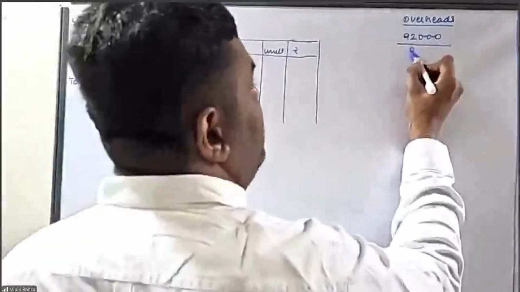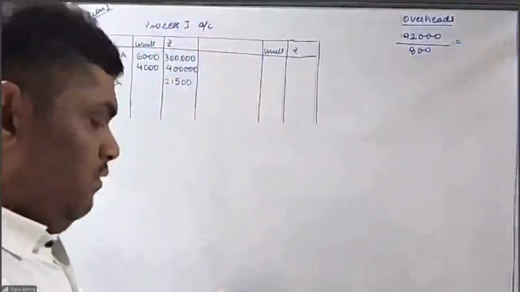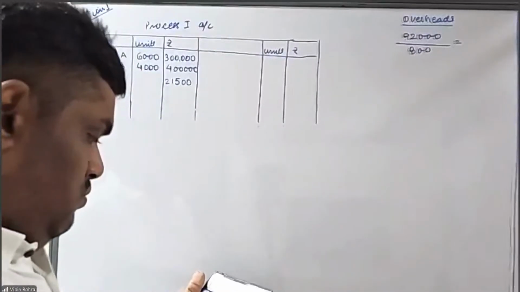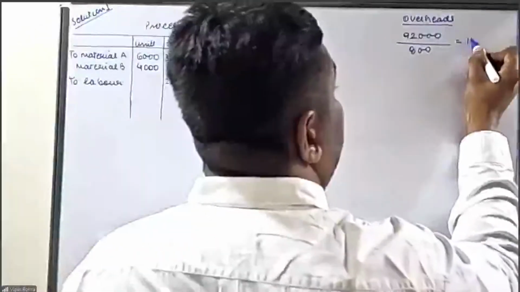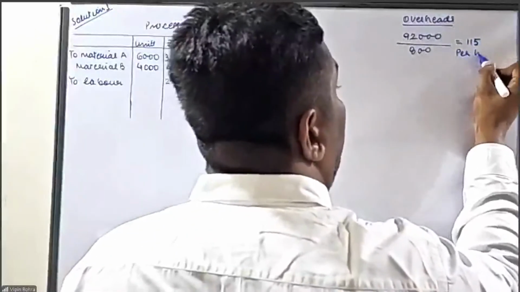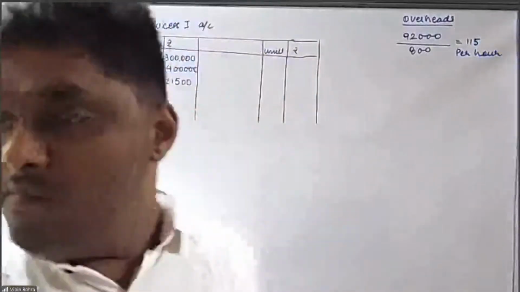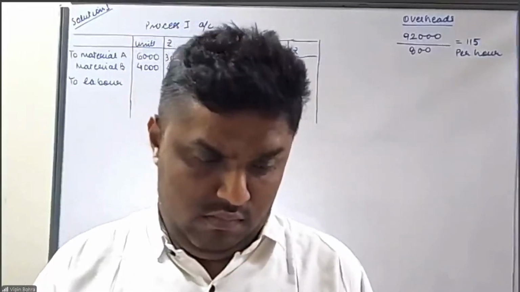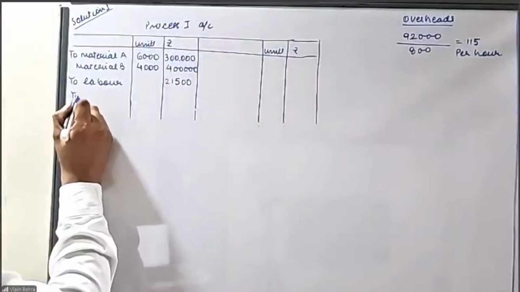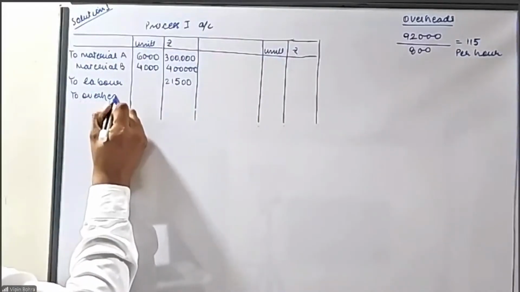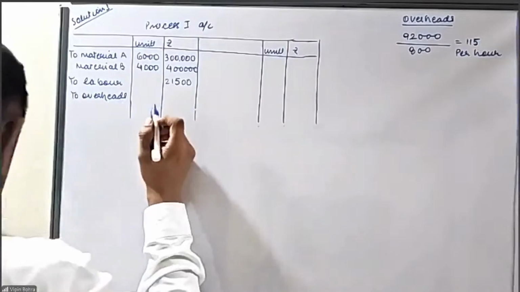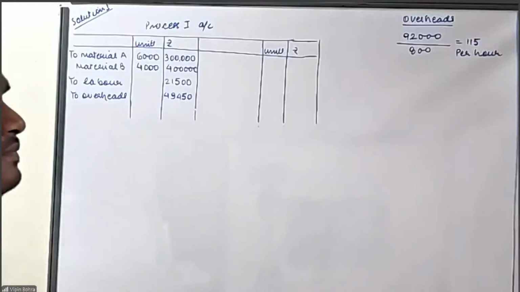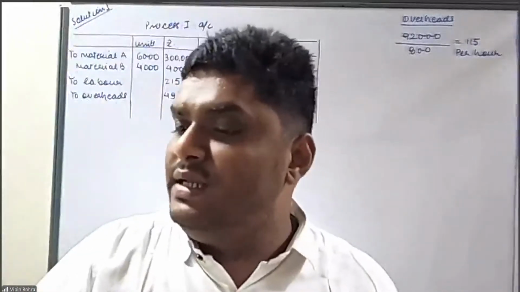So total hours are 800, so it is 115 per hour. So 115 into 430. So material is done, labor is done, and overheads are done.